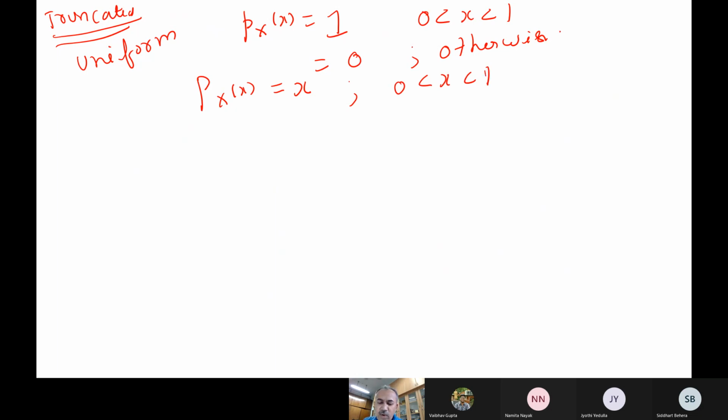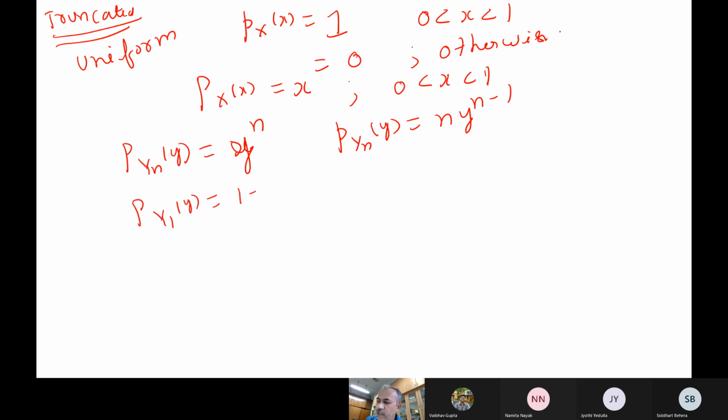So it is defined only from 0 to 1. Now we want to find out the largest value, so this will be simply y to the power of n. And the smallest value, this density function p yn of y becomes n times y to the power of n minus 1.